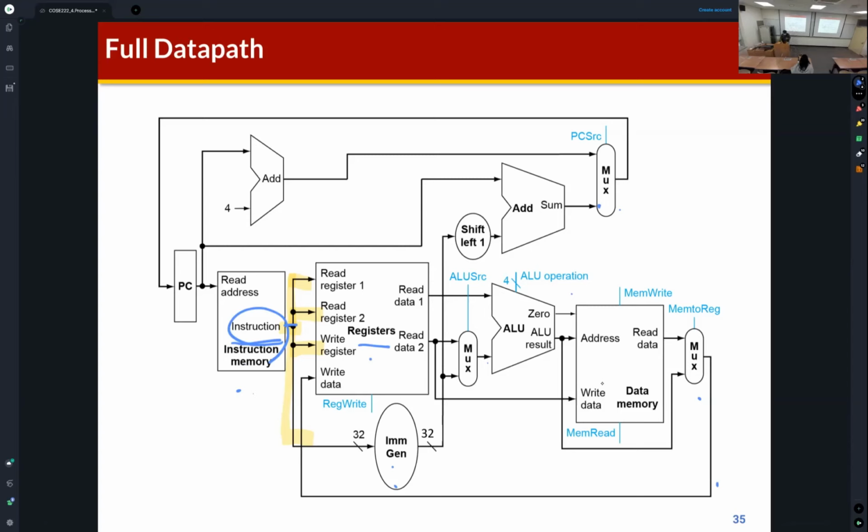And then also this instruction is delivered to the immediate generator. So if we see this figure, the diagram of the data path elements, then we can find how data are connected from one hardware component to another.